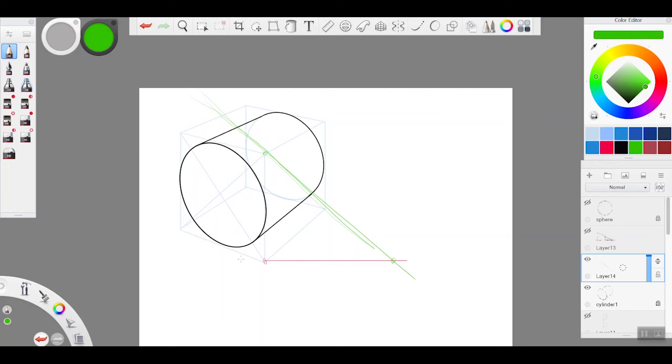Now, because we're plotting just this face and we need to figure out where this ellipse goes, it will be helpful to plot this edge. So we take another angle line here, and the angle line represents the height of the objects. And we take another direction line that corresponds vertically beneath it, and plot this here.